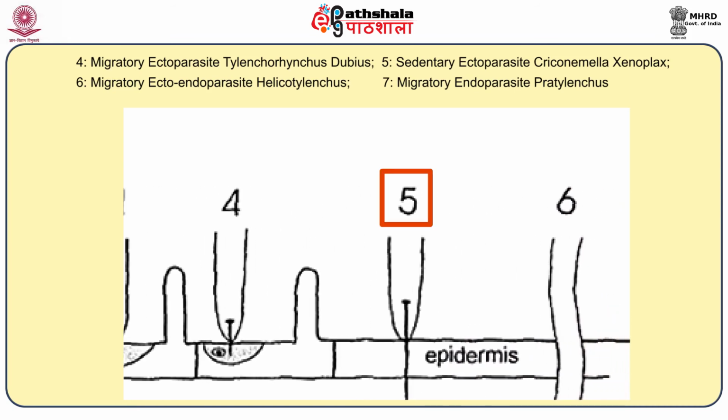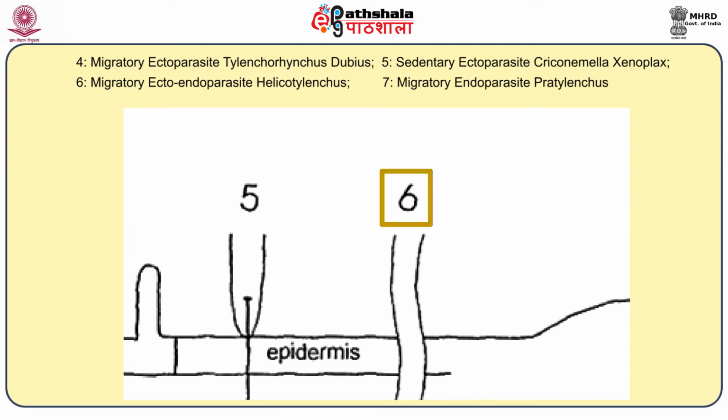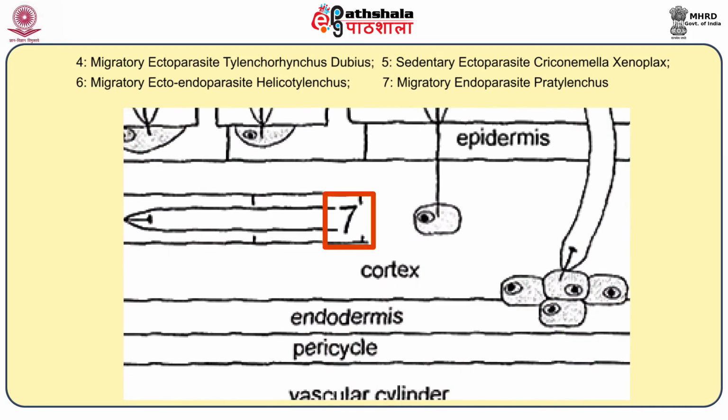Fifth one represents the sedentary ectoparasite Criconemoides xenoplax. Sixth one represents the feeding site of the migratory ectoendoparasite Helicotylenchus species, and the seventh one represents the feeding site of migratory endoparasite Pratylenchus species.